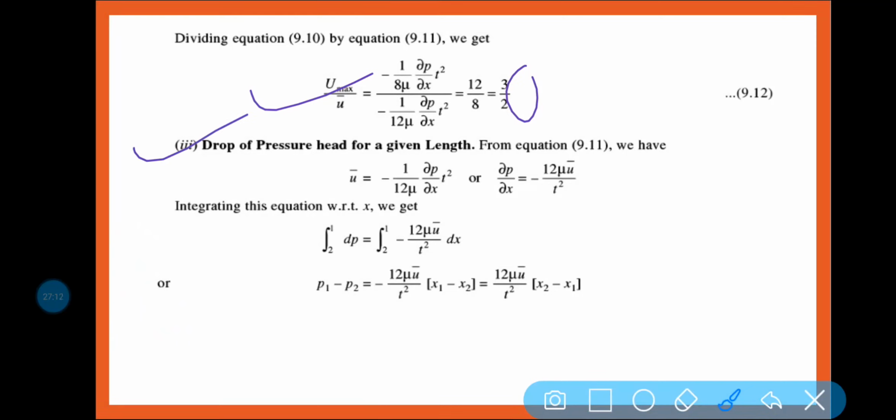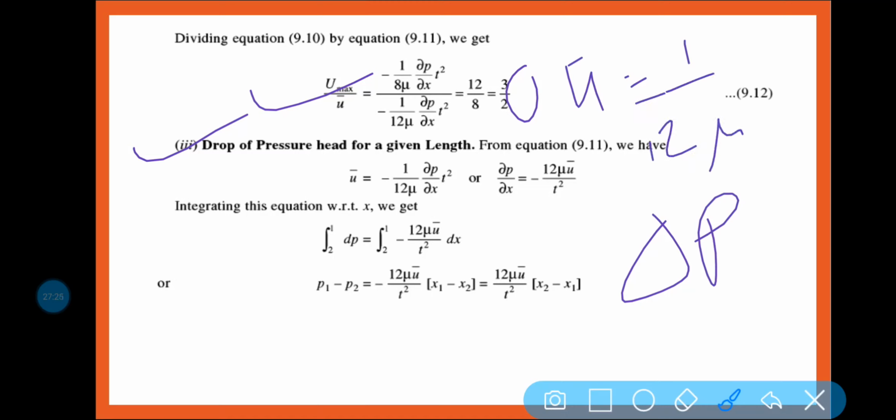Now the next question, point number 3: the drop of pressure head for a given length. How can we calculate the pressure drop for a given length? U bar is equal to minus 1 by 12 mu del p by del x into t square, so del p by del x is equal to minus 12 mu u bar by t square.